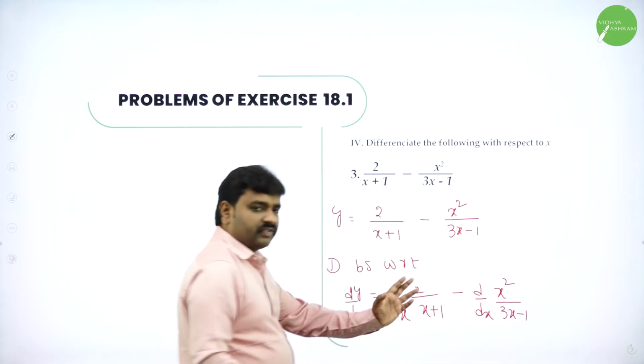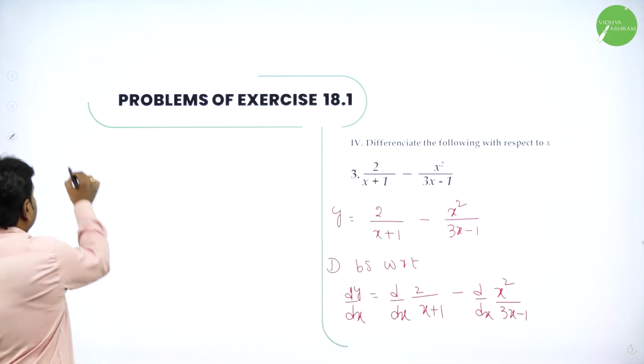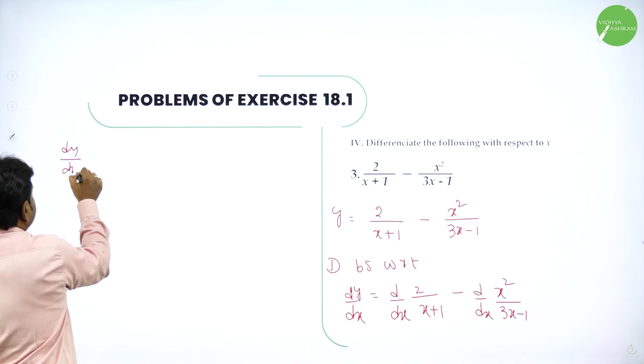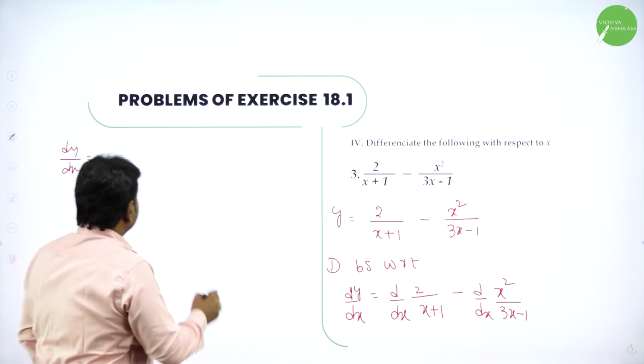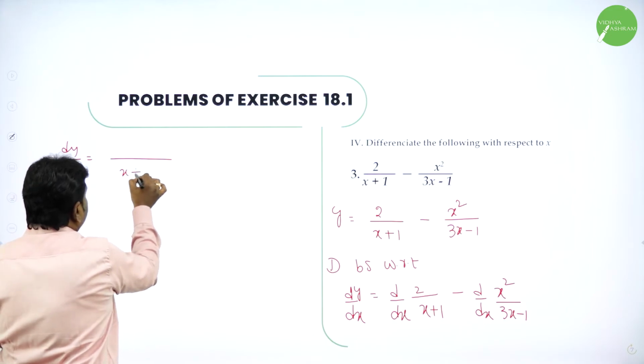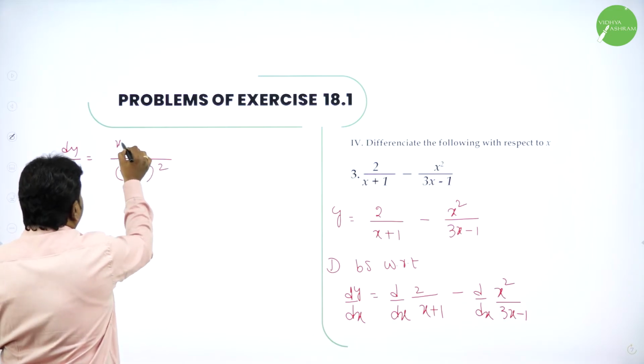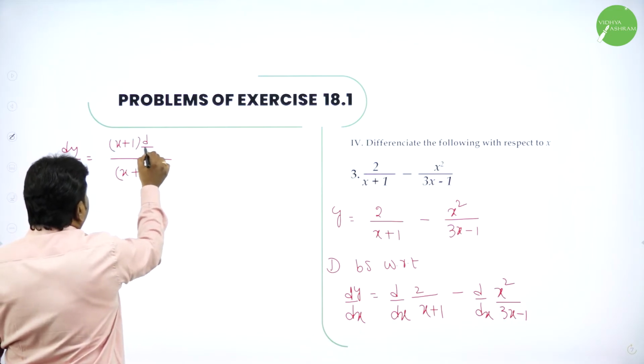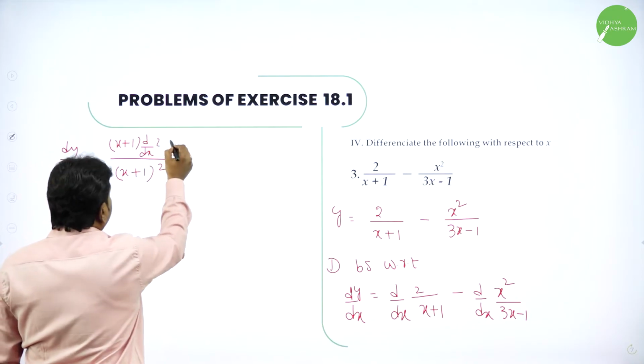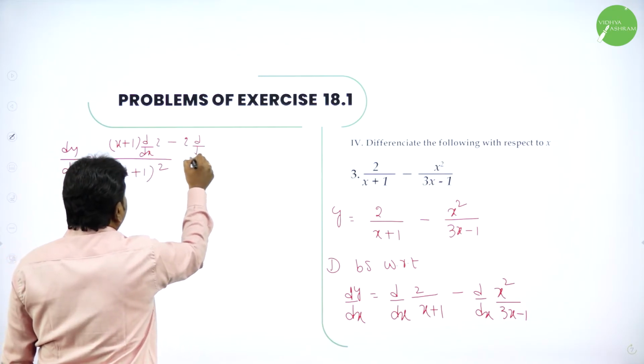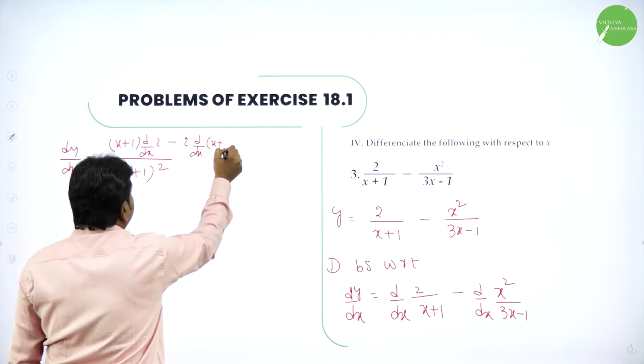So we have 2 terms, we are differentiating each term. So that is dy by dx is equal to, first term use quotient rule. So in the denominator the whole square, denominator into derivative of numerator minus numerator into derivative of denominator for first term.